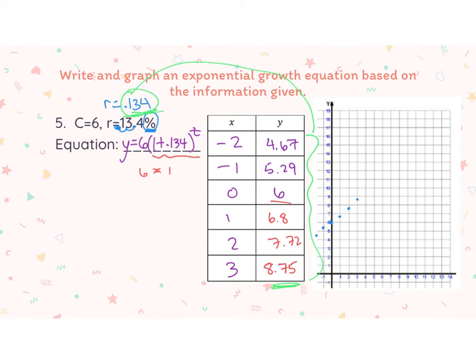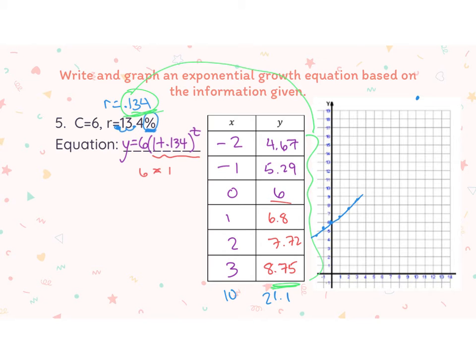It's not. If I were going to increase this, let's say I'm just going to type in 10 just for grins and see what I get. 6 times 1 plus 0.134 raised to the 10th power. I'm just picking any other value. When I did 10, I got 21.1. So my 10 is way up here.